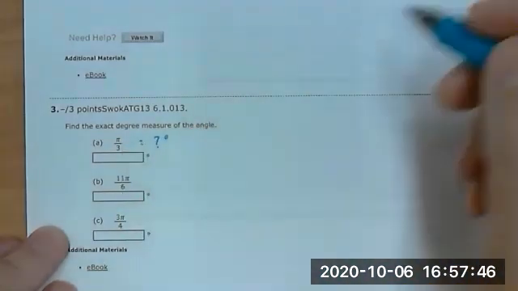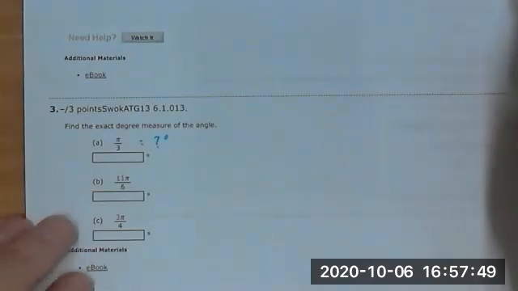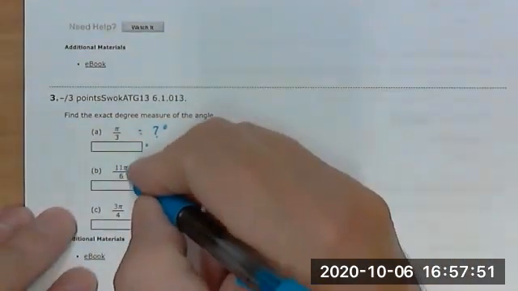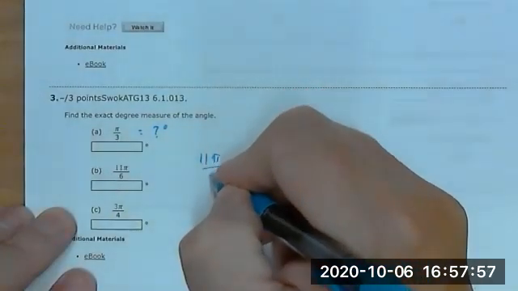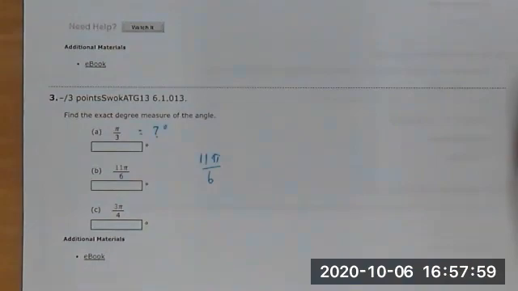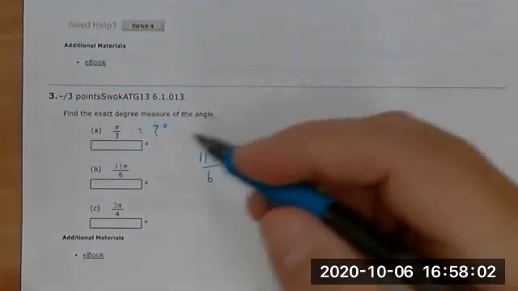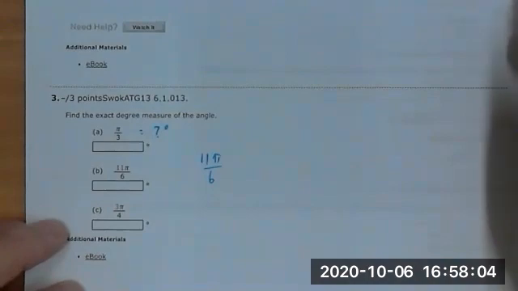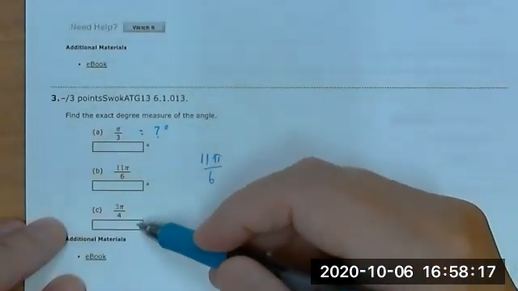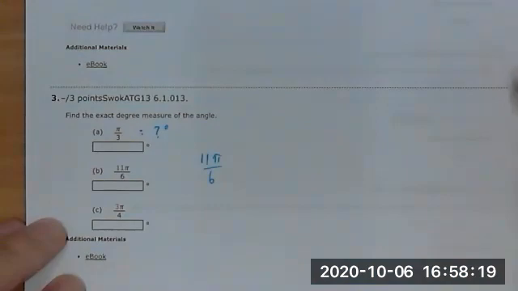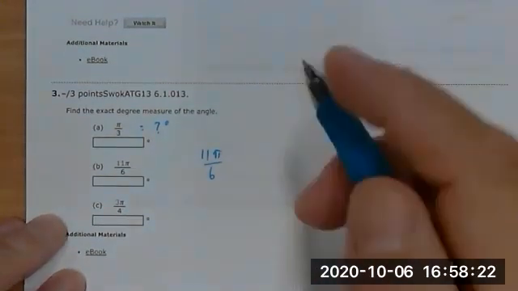However, just to prove the point, I'm going to take one of these. I'll take this one, 11 pi over 6, and I'm going to convert it to degrees by the method we use if we don't have a special angle. I don't know why in WebAssign they don't choose at least one or two of these to not be a special angle. So in other words, I could write in the answers to these pretty quickly, but I want to show you the method in case you ever have a problem where it's not a special angle.